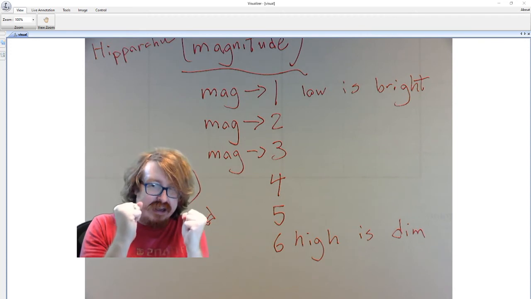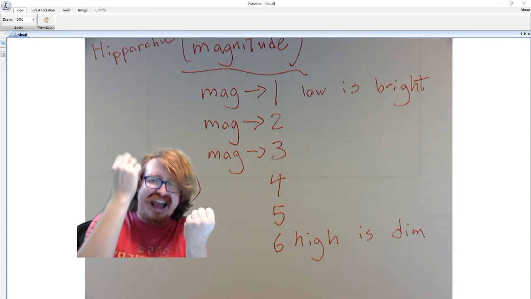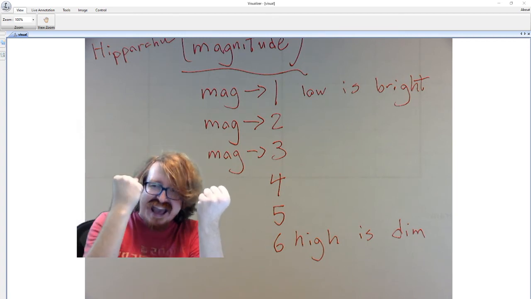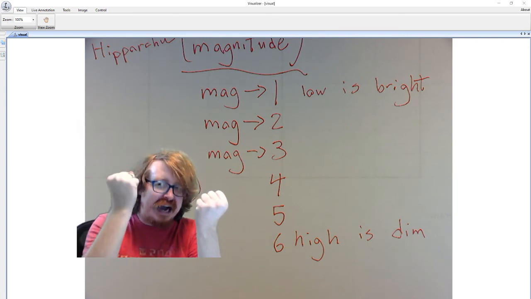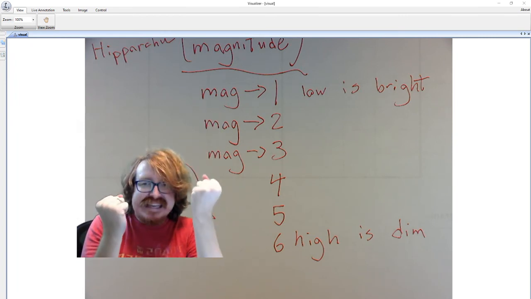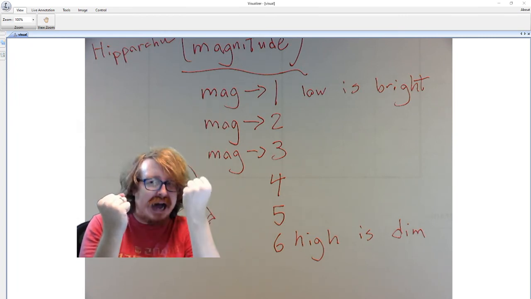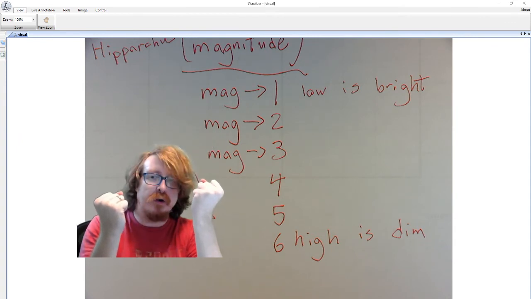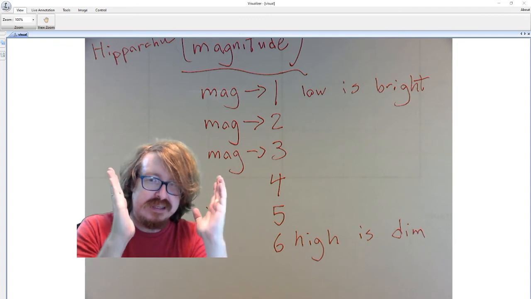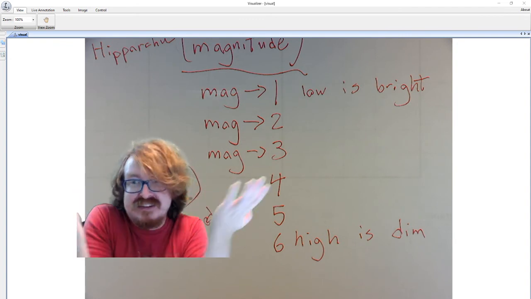So again, if I told you bright thing A and dim thing B, you would tell me A, the bright thing, has a higher apparent brightness, but B, the dim thing, has a higher magnitude. Okay? I'm just telling you right now, that's going to be a test question. Write it down. You'll be good.